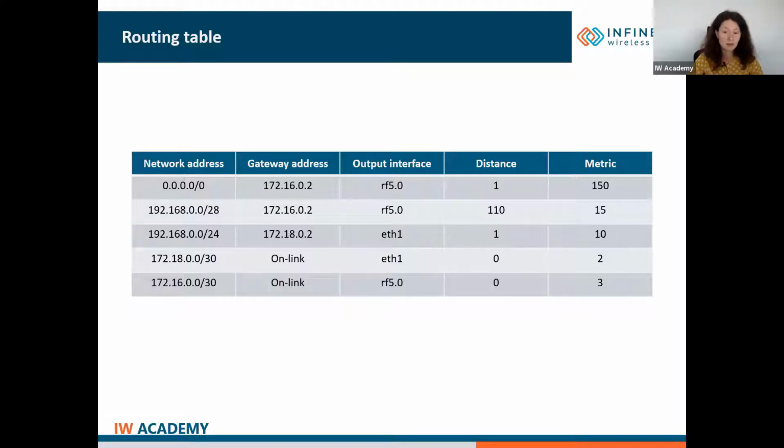Output interface, the interface of the local device through which the processed packet will be sent. Distance, which shows the trust level with respect to the routing source. And metric, which is a numeric parameter that determines the route selection in case of having the same distance value. As a note, it is best to have a lower value for distance and metric when selecting the best route. So the best route will always have the lowest distance or metric value.